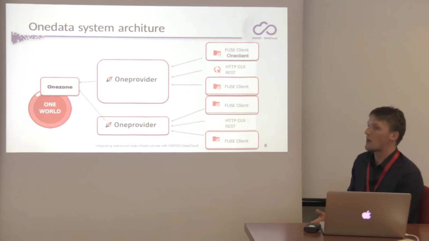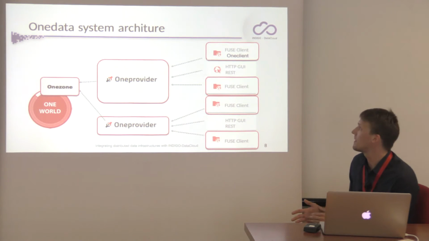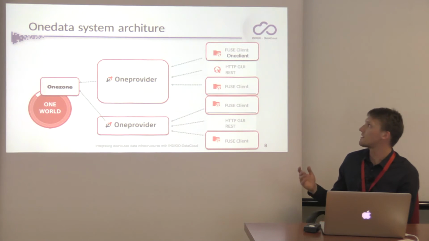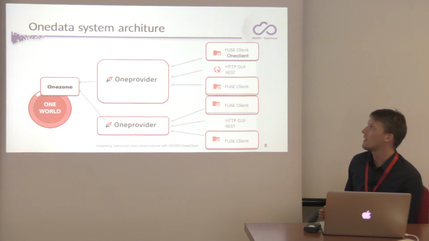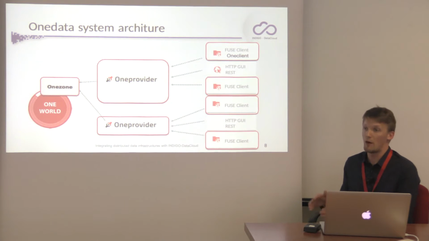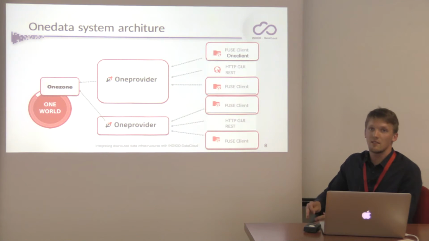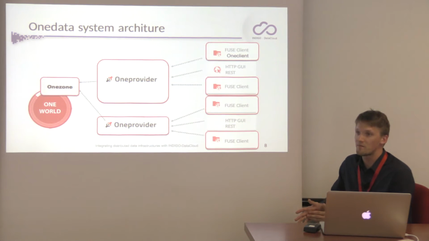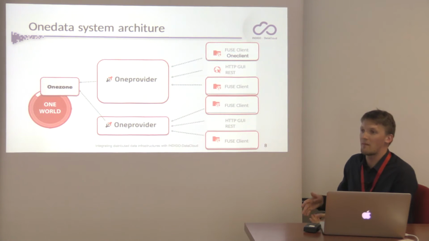Then the Oneprovider exposes multiple interfaces, which we will discuss in a moment, but the most important for us at this time are the Fuse client, which allows you to mount your Onedata files wherever they are, on whatever data centers they are, in a local machine, so we can access them via POSIX interface like you would normal files.